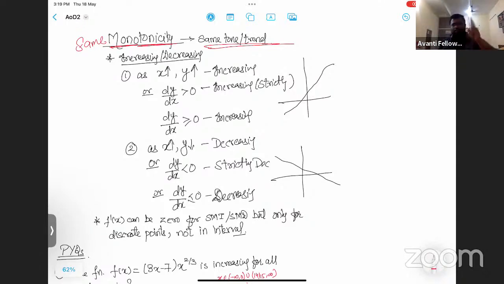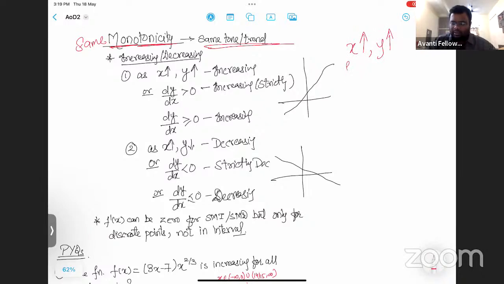Now there are two subparts, or types, of monotonicity. The first one is the increasing function. The second one is the decreasing function. As the name suggests, an increasing function is one where, as the x values increase, the y values also increase.